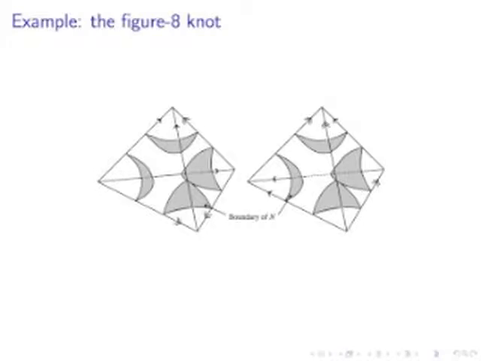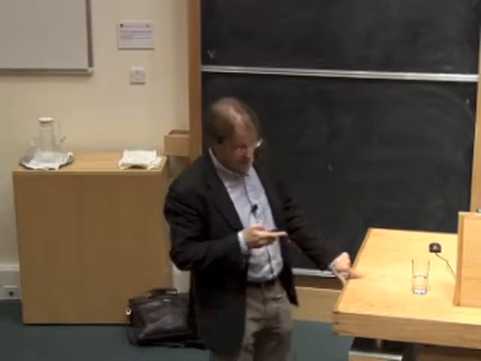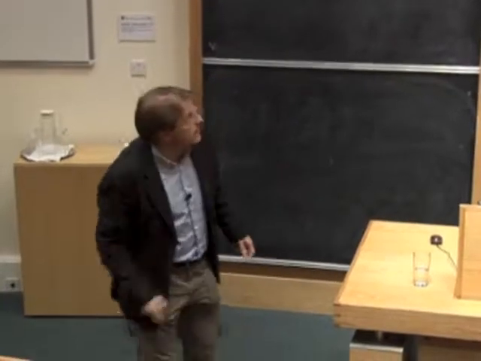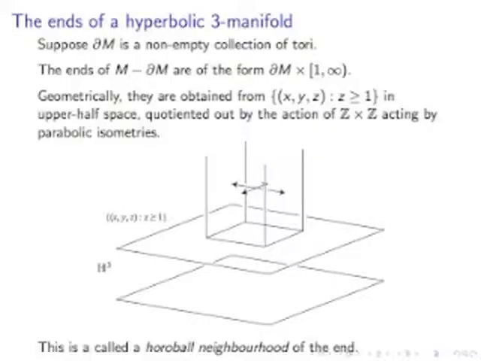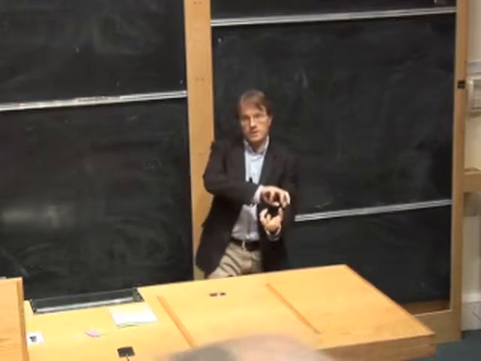So in hyperbolic space, the inverse image of these ends, what does it look like? Going back a slide, we know that one component of the inverse image looks like this horoball, z greater than or equal to 1. But there are other components which differ from that by a covering transformation.